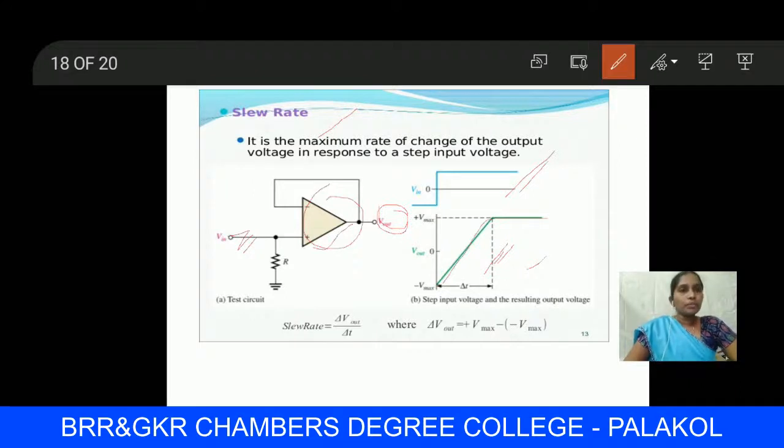Therefore the slew rate is equal to the change in output voltage with respect to the step input, where the change in Vout is Vmax minus minus Vmax.